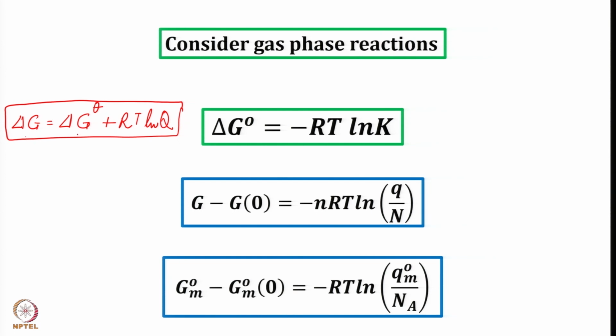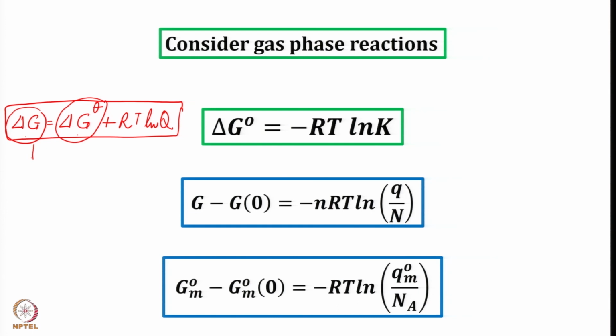Delta G naught is the change in Gibbs free energy under standard state conditions. Remember the difference between delta G and delta G naught. It is a common mistake. Sometimes we do not differentiate between the two, but these two convey entirely different meanings.